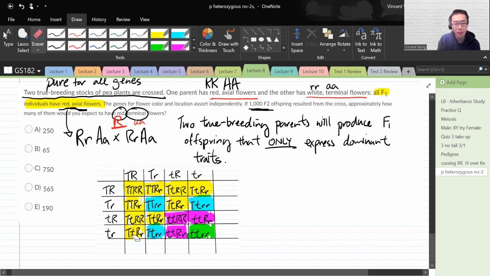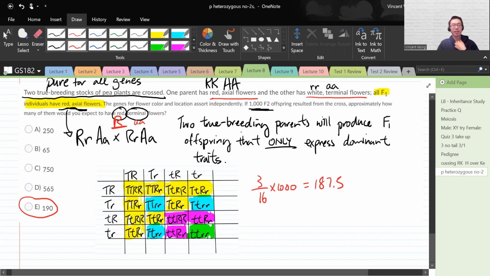I am going to look for things that have two small letters for the second trait, which are the blue ones, and they all have at least one capital R. In this case, it's 3 out of 16. Because we have 1,000 offspring, we multiply by 1,000. Key that into the calculator, 3,000 divided by 16, that is about 187.5. If you round it, the answer is going to be E.